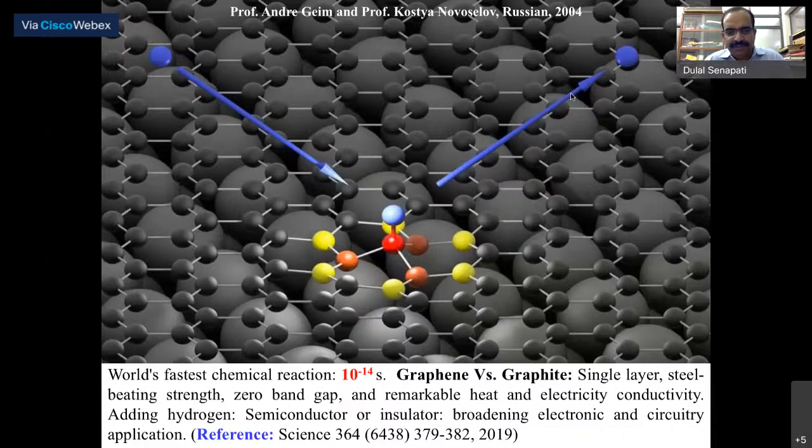Graphene is a zero band gap material, with no gap between the valence and conduction bands, so we don't find much application for it. But once it absorbs hydrogen, it gives a huge application in the semiconductor or insulator industry. You can note down that this is one of the fastest reactions in history that we could record.